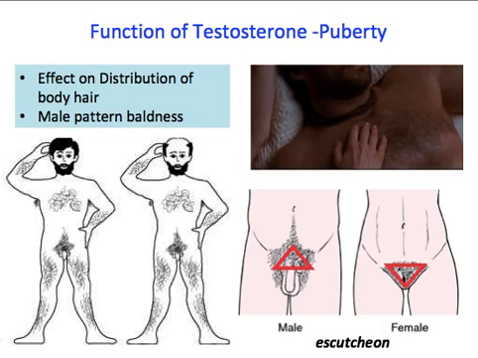So in puberty, these are the functions of your testosterone. It has effects on the distribution of your body hair. So look at your seatmate. As you can see, you will develop hair growth in your chest, in your forearms, as well as in the linea alba in the abdomen, up to the umbilicus, on your face, your beard, and your goatee, as well as your back.